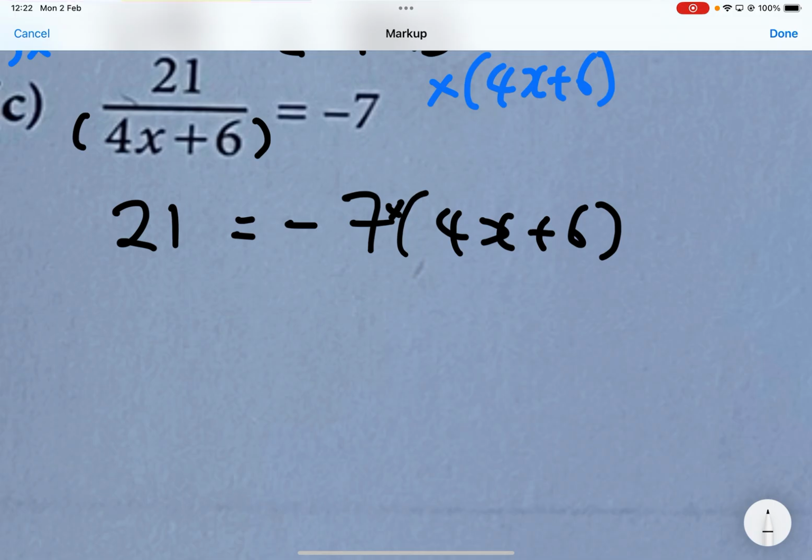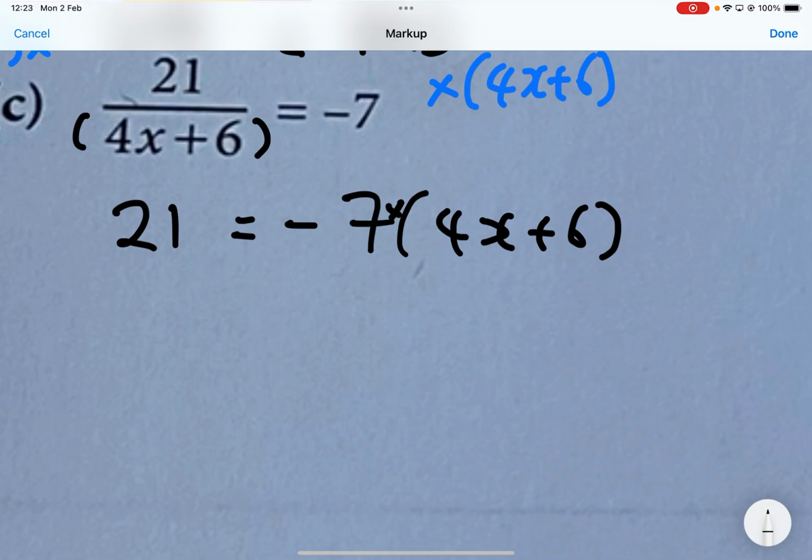Okay? There are two ways to continue. One way, I expand. I multiply my negative 7 to both the 4x and the positive 6. Like that, you will be able to continue because you will have freed your x from the bracket. But when I see this, 21 and 7, 21 can be divided by 7, right?